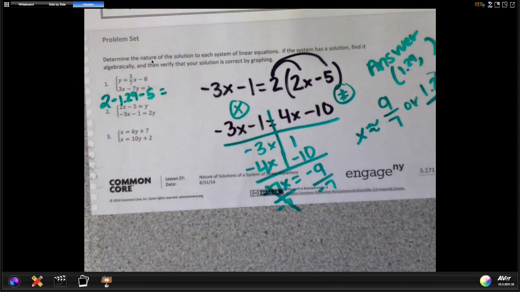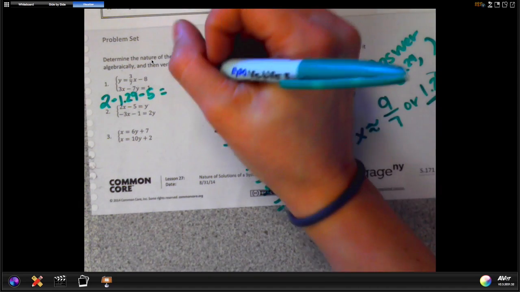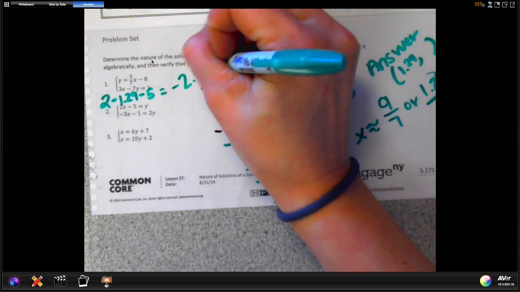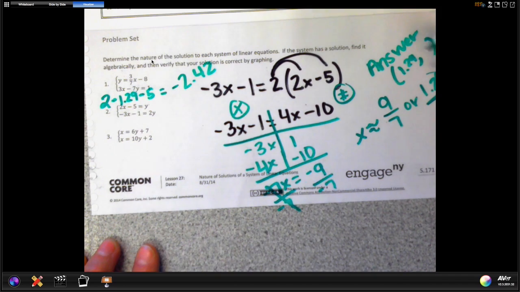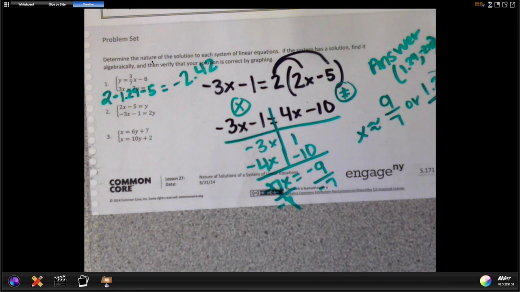We get negative 2.42. All I did was substitute the x with 1.29. So negative 2.42 is my y coordinate, and there's my answer. Whew. I know, it is quite cumbersome.